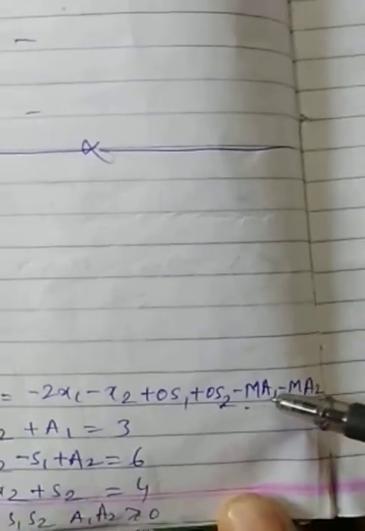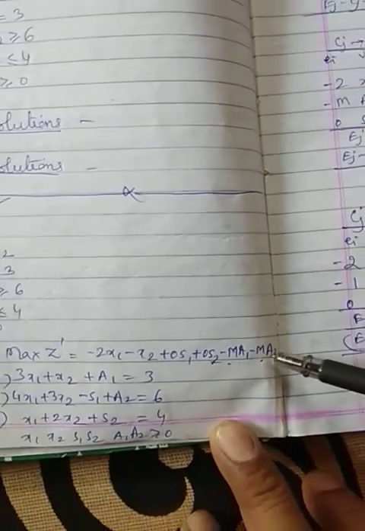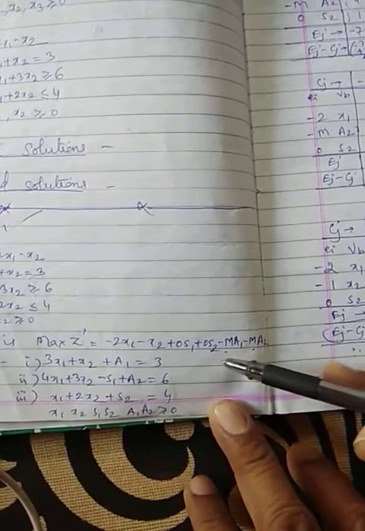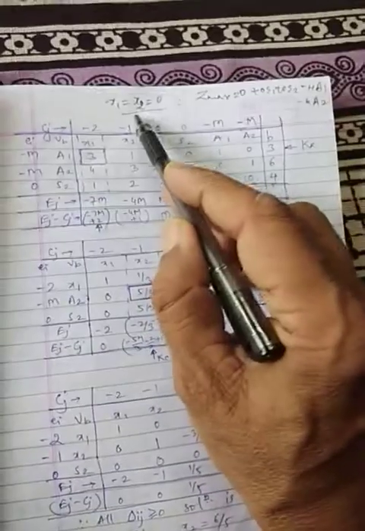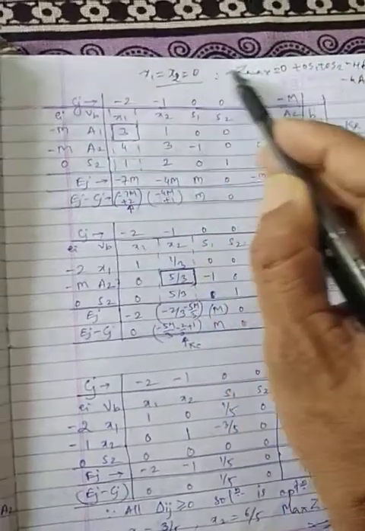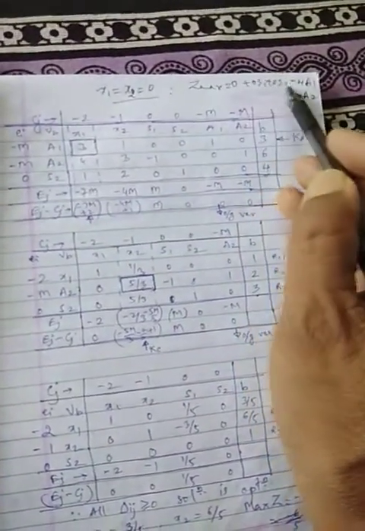So minus M a1 minus M a2. These are always added in the objective function. So by assuming x1 is equal to x2 is equal to 0, we get z maximum is equal to this.